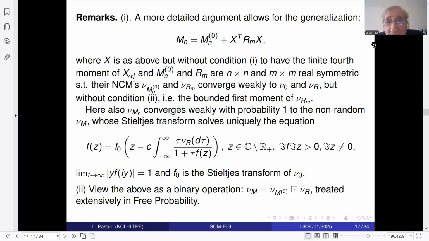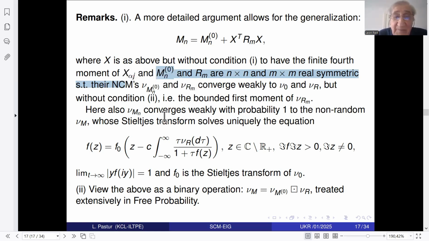This is a remark, by the way, answering your question. We can consider much more general matrices, written here, in which we can add the matrix M naught, assuming neither condition 1 nor condition 2, so no fourth moment, and we only assume that the eigenvalue normalized counting measure of M naught and R converges to a certain limit.